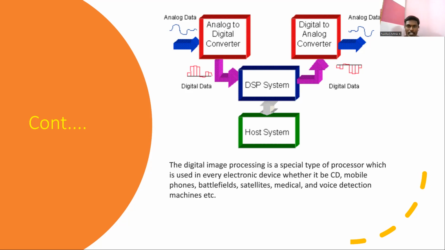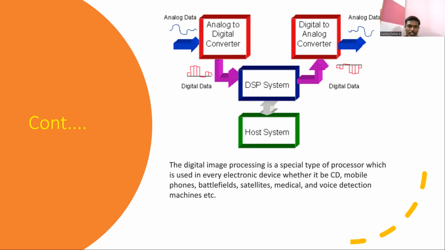In the same way, the DSP system gives the digital to analog converter, and analog data is posted from the host system. This is totally a vice versa process, because an analog signal can be converted into a digital signal. For example, photographs can be converted to a digital signal, and in the same way a digital signal can be converted into an analog signal. For example, any TV image will be converted into a normal image which can be seen with our naked eye.